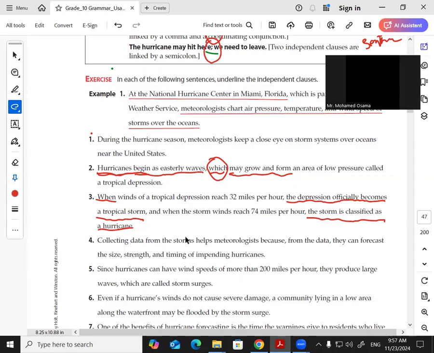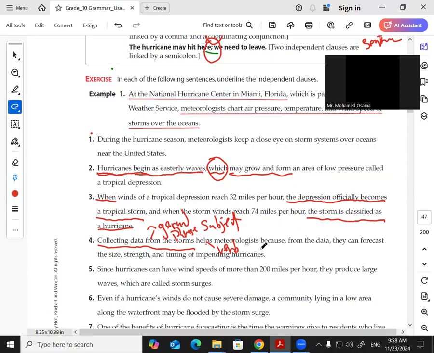Number four: collecting data from the storms helps meteorologists. Collecting data from the storms is a gerund phrase, and it functions here as a subject and a noun. So collecting data from the storms is the subject. Where is the verb? The verb will be helps meteorologists. So collecting data from the storms helps meteorologists. This is a complete thought.